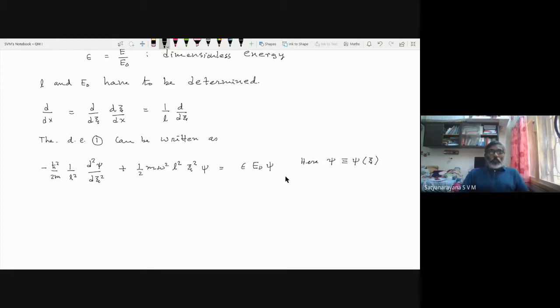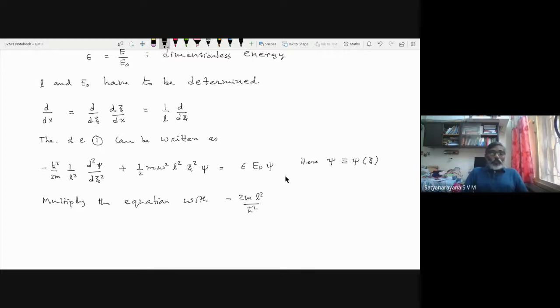Now we have to determine this L and E naught such that this equation can be written in a simple form. For that, I will multiply the equation with minus twice m L square divided by h bar square.